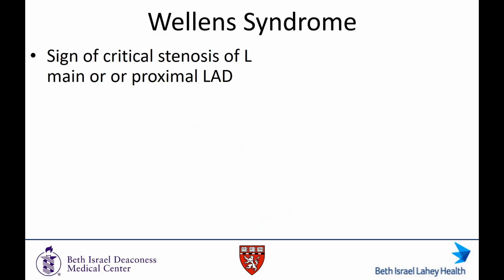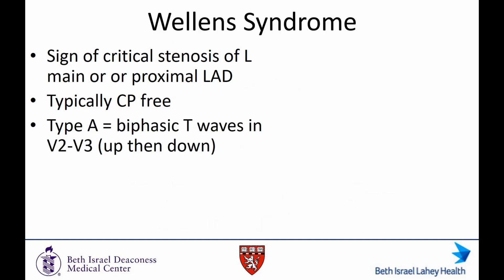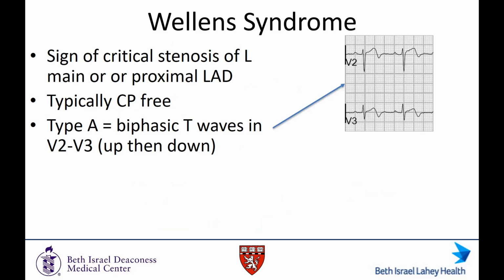This is usually a sign of critical stenosis of the left main or the proximal LAD, so a pretty significant lesion and concerning sign. What's really tricky is patients can sometimes be chest pain free, but what you'll see on the ECG is one of two patterns. There's a type A, which gives you a biphasic T wave, so it's usually up and then down.